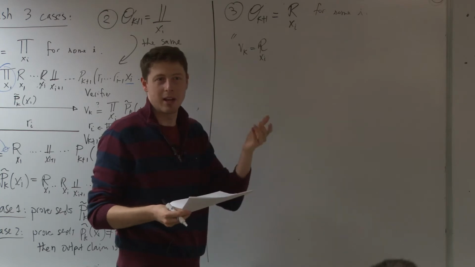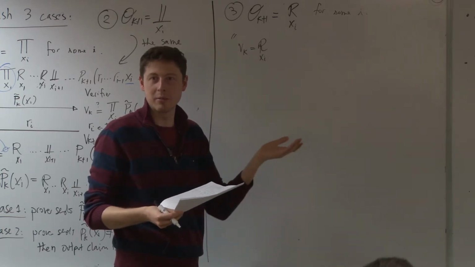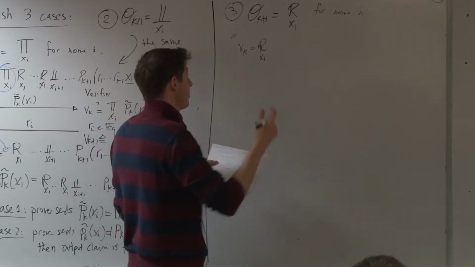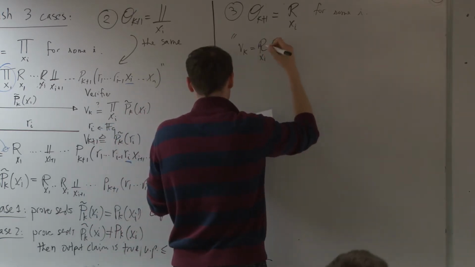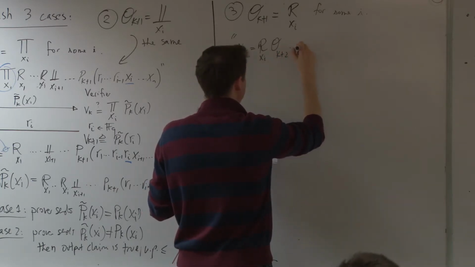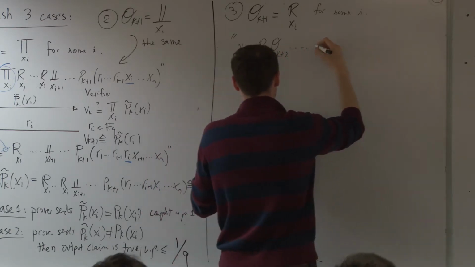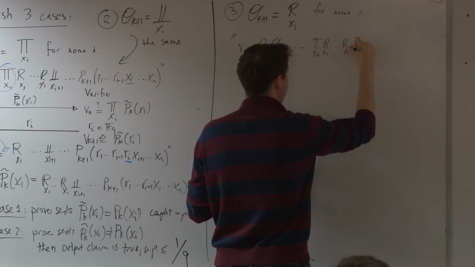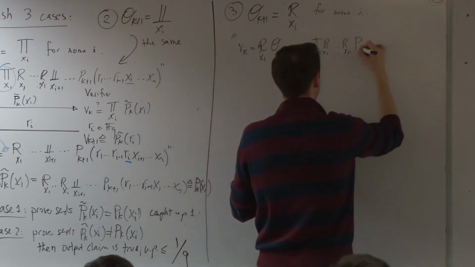I don't know, because this R xi could appear anywhere. Maybe another R, or maybe some other operator. I don't care, so I'll just write O k plus 2, and continue. At some point I get maybe pi xn, R x1 through R xn, and at some point I get to my P k.